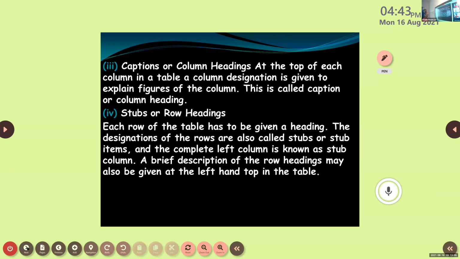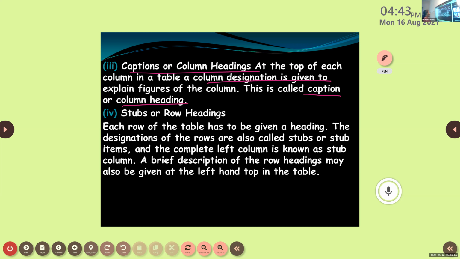Now, next one, captions or column headings. For each column there is a heading, or a designation, about what figures are given in the column. We call it a column heading or caption.